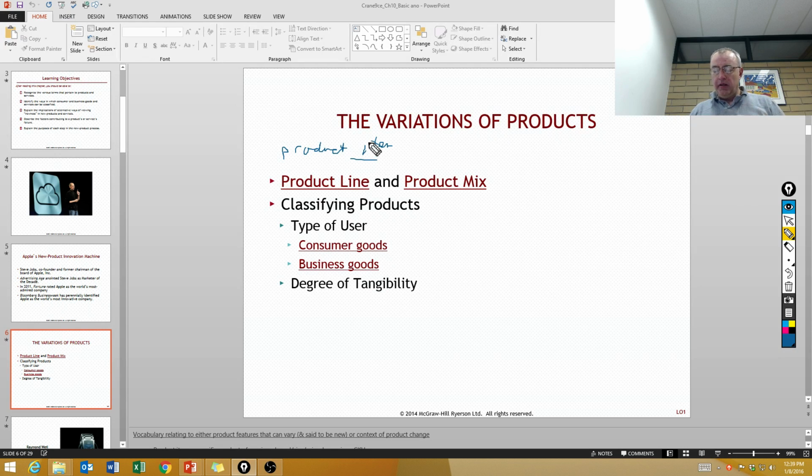A product item is a specific product of a unique brand, of a unique size, and unique price. And a product item has its own individual so-called SKU. An SKU is an inventory term, and it stands for stock keeping unit.